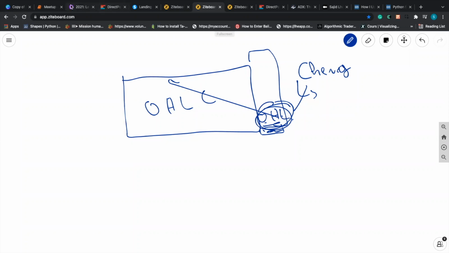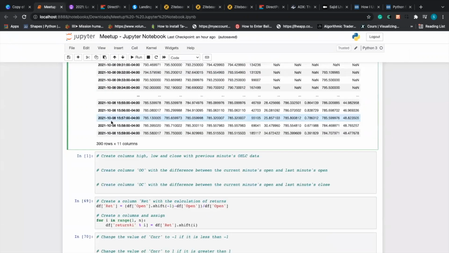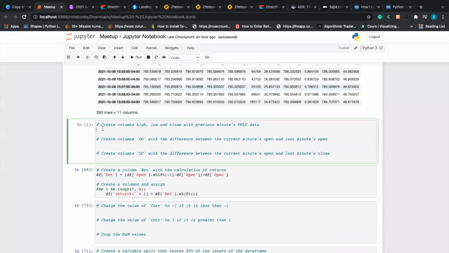What we are going to do here is create columns called previous high, previous low, and previous close. A column that we are going to call prev high, and this column is going to be equal to the high value dot shift 1.